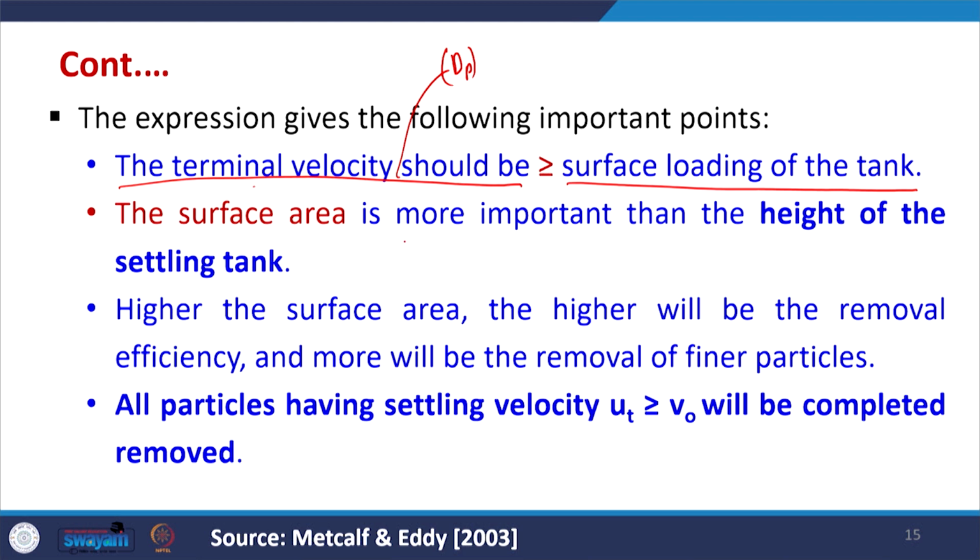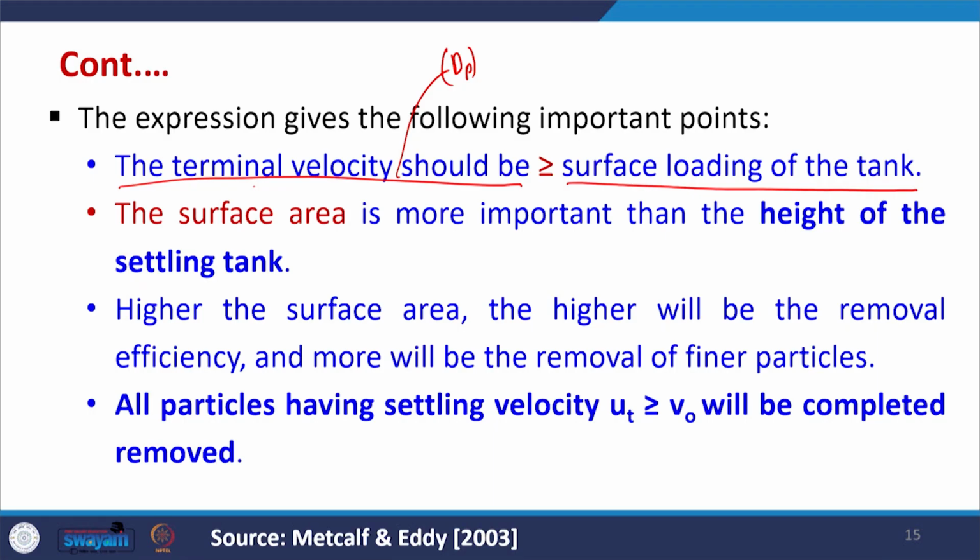Now, the surface area is more important than the height of the settling tank. This is very important. The surface loading is an important parameter, that means the surface area is more important than the height of the settling tank. That is why many of the settling tanks have very huge surface area. Higher the surface area, higher will be the removal efficiency and more will be the removal of fine particles.